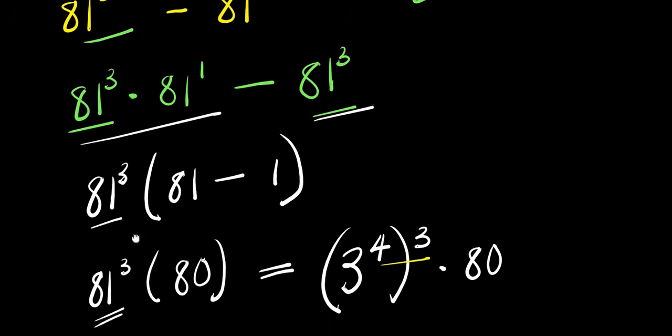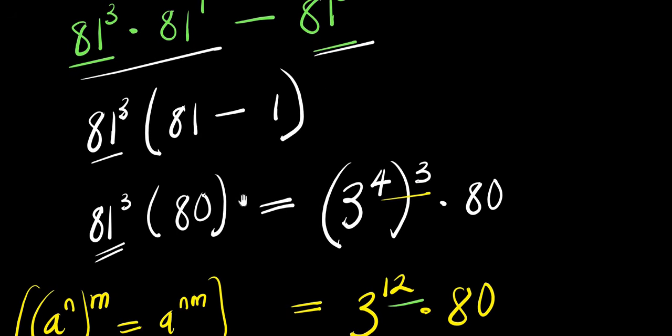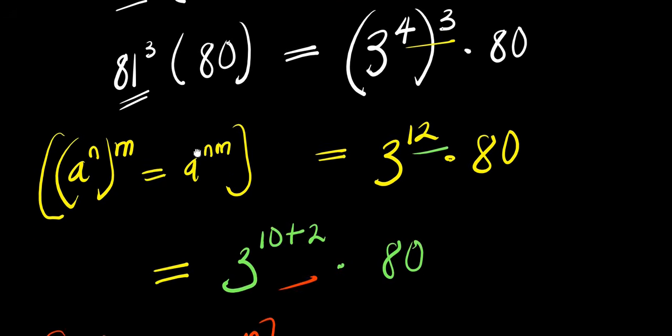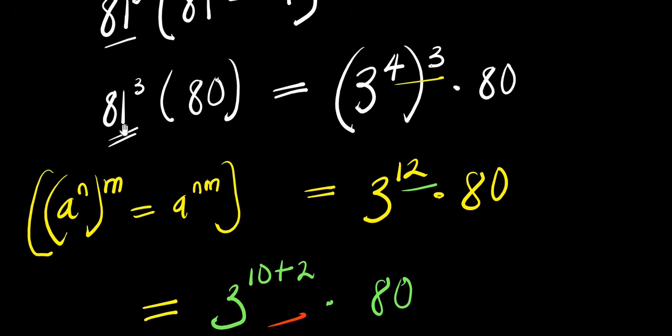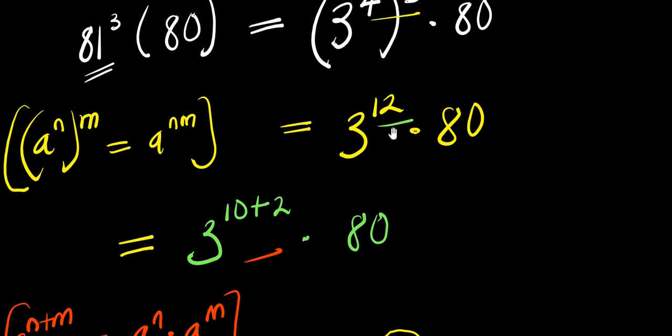Factor out 81 power 3. Then you have 81 minus 1, which is 80. Now, if you know the value of 81 power 3, you can multiply that by 80 and you are going to get the answer. But if you don't know, express 81 as 3 power 4, all power 3. Multiply the exponent, you have 3 power 12.